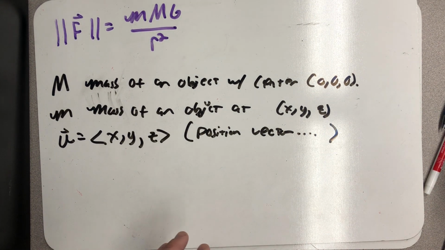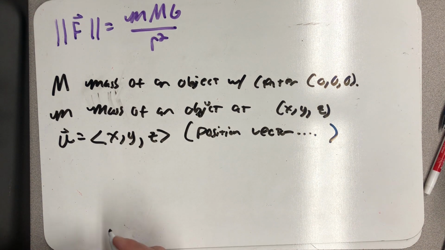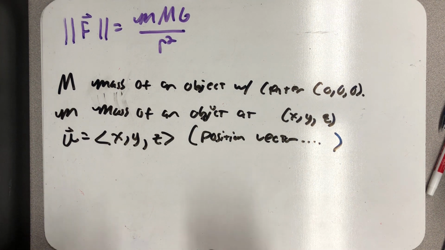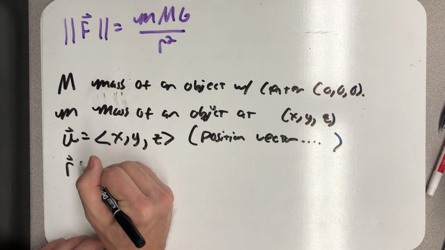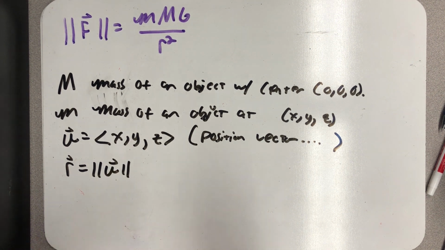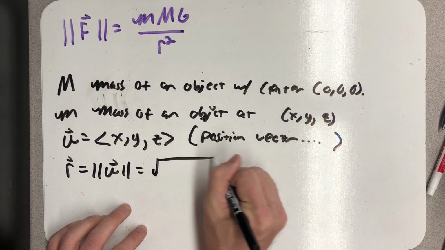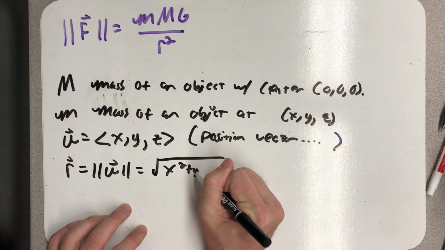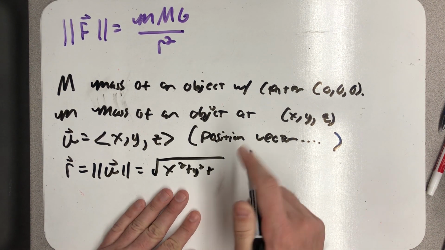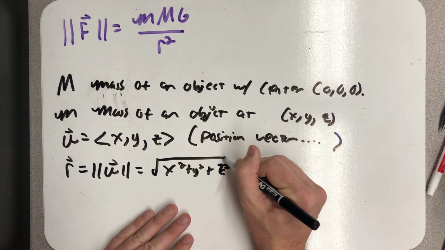Okay, so G is a gravitational constant, and then r is supposed to be the distance between them. Well, the center of the object with mass big M is the origin, and so r is actually equal to the magnitude of that vector u, the distance between the object's center and the center of the object with mass big M. And the magnitude of u is just the square root of x squared plus y squared plus z squared.